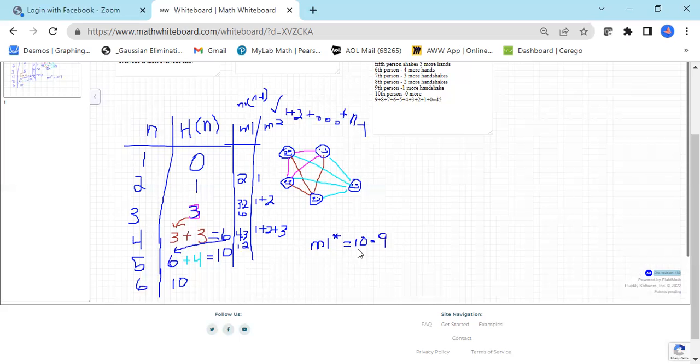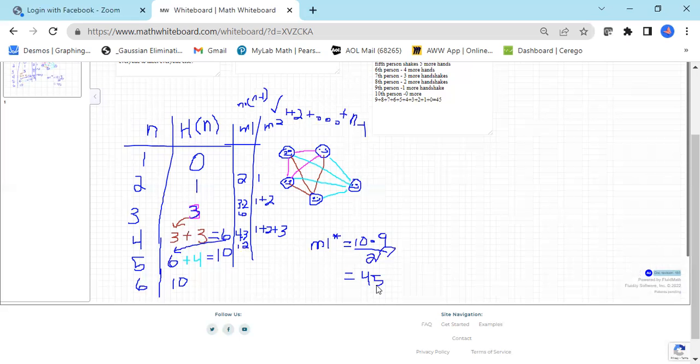But then, for some reason, you divide by 2. And that gives you the same answer as method 2. Equals 90 divided by 2 is 45. It gave us the same answer that we got with method 2.